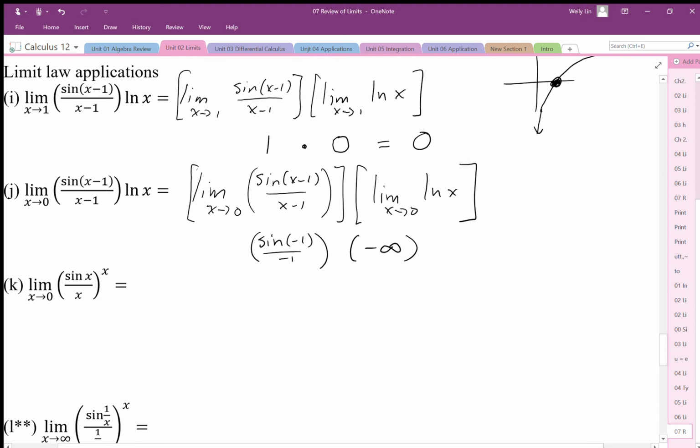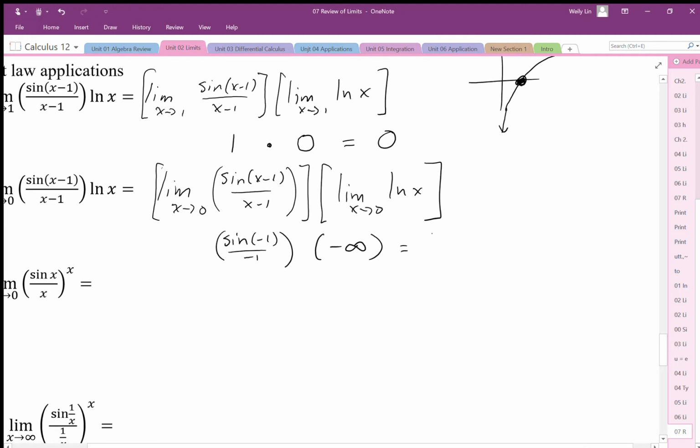So this is a negative number divided by a negative number, times negative infinity, which ends up being negative infinity. So that's our limit. We just have to be a little bit careful with the signs to make sure this works out, because sine of negative 1 is in quadrant 4, and quadrant 4 has a negative sine value.